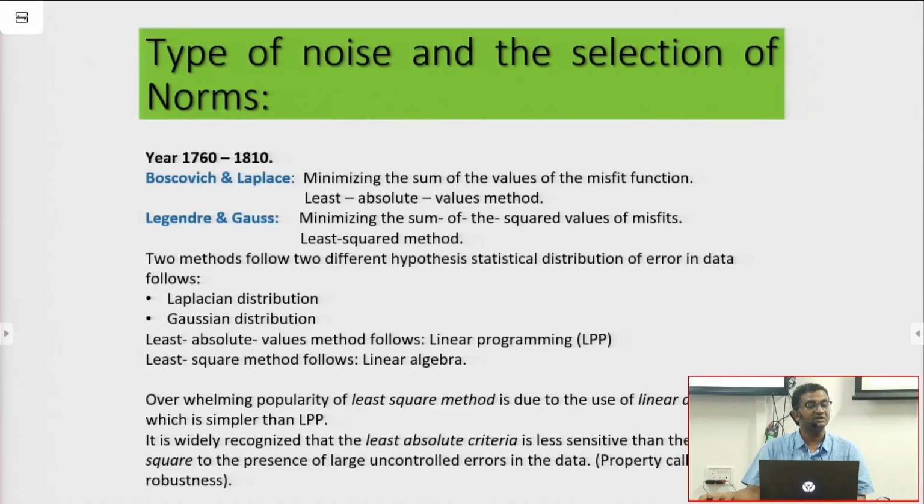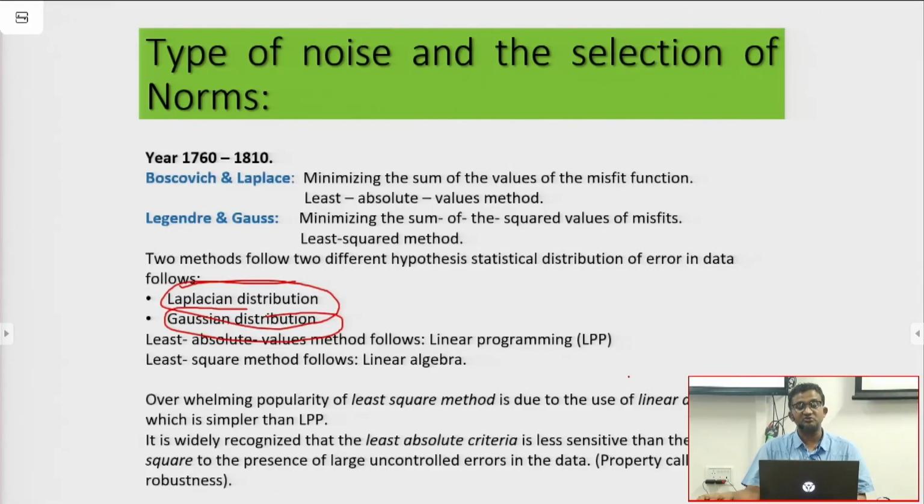One is the Laplacian distribution, another is the Gaussian distribution. When your data distribution is Gaussian, we usually recommend L2, and when the data distribution has outliers, it is mostly governed by the Laplacian. There is a popularity of the use of least squares methods with linear algebra.